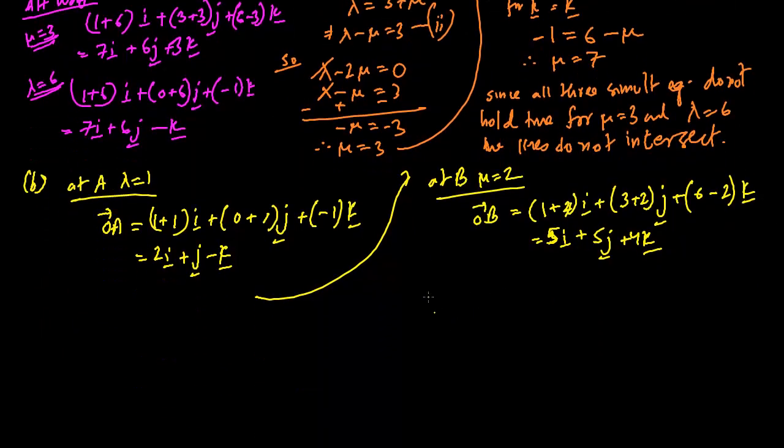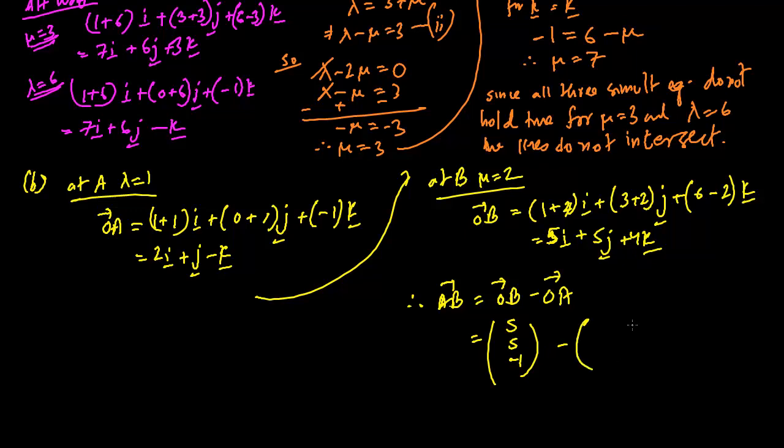So since we know OB and OA, we can write therefore AB equals, by the position vector rule, position vector of B minus the position vector of A. So let me write this down in the column vector format. 5i is 5, 5j is 5, 4k is 4 minus 2i j minus k, and this turns out to be 5 minus 2 is 3, 5 minus 1 is 4, 4 minus minus 1 is 5. So this is AB, the direction vector.